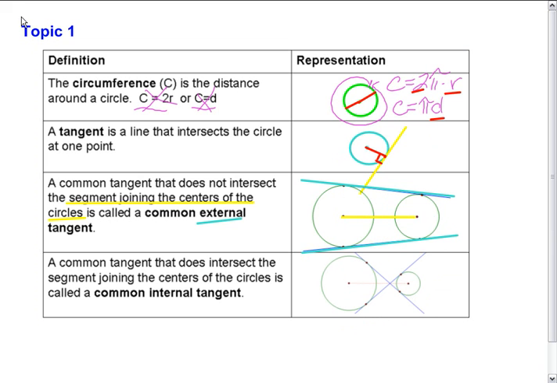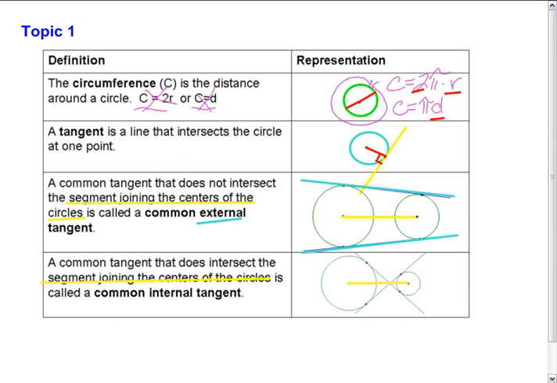And we can now compare the difference between the common internal tangent. Let's do the same thing. It doesn't intersect the segment joining the centers of the circles. The segment joining the centers of the circles is the yellow line.